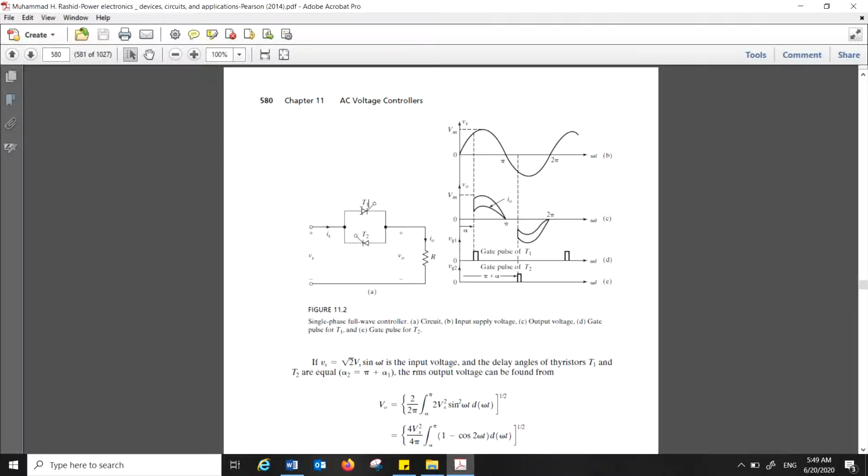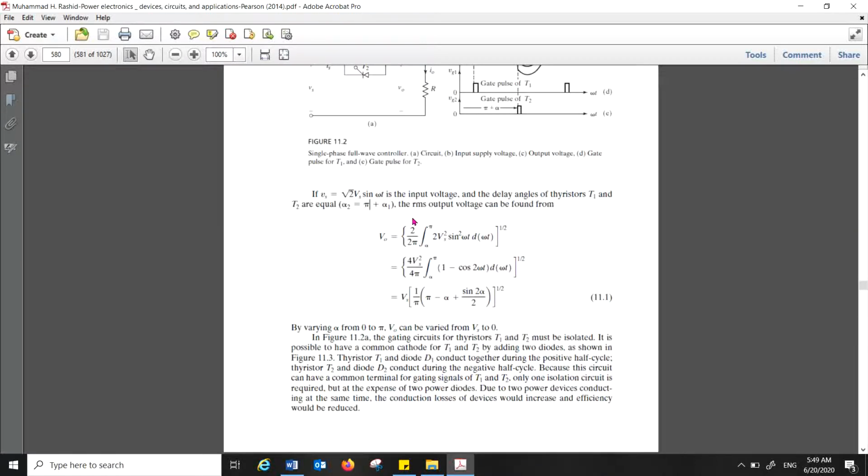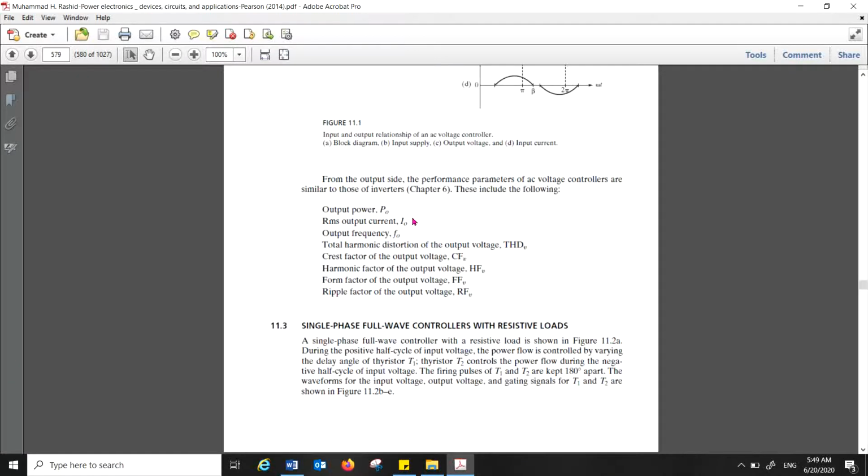Whenever you want it to fire, you just apply a control signal to the gate of the thyristor and it starts conducting. Similarly, thyristor T2 controls the power flow in the negative half cycle. And the firing pulses of T1 and T2 are kept 180 degrees apart.